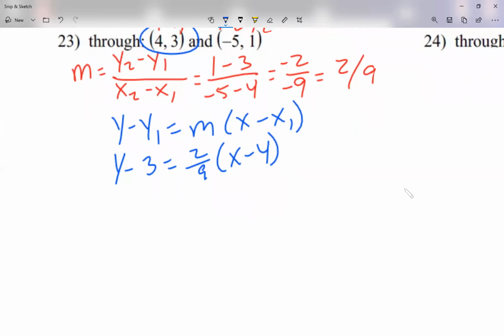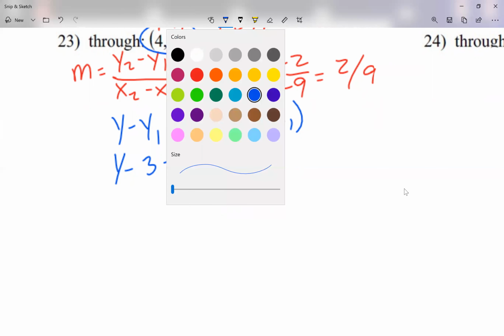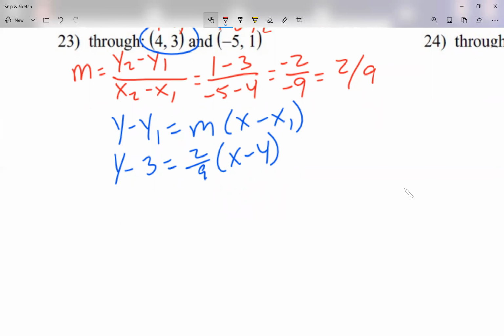I know I have to get rid of fractions. I can write this as the slope-intercept form, but to be honest, because I know in standard form I cannot have fractions, let me start by doing that. Let me multiply everything by 9. So I'm going to multiply 9 times y, 9 times 3, and 9 times the fraction.